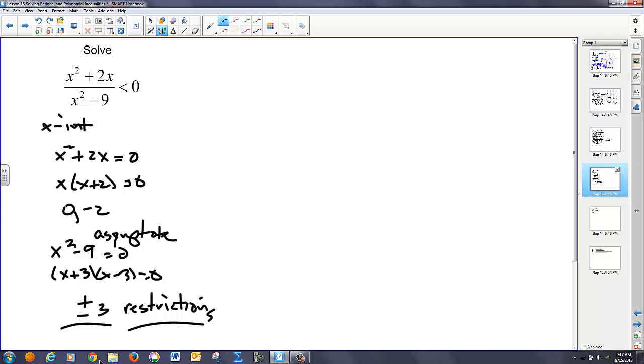So critical numbers this time, I've actually got 4. I have negative 3, negative 2, 0, and 3, which means I'm going to need to test a whole bunch of points.